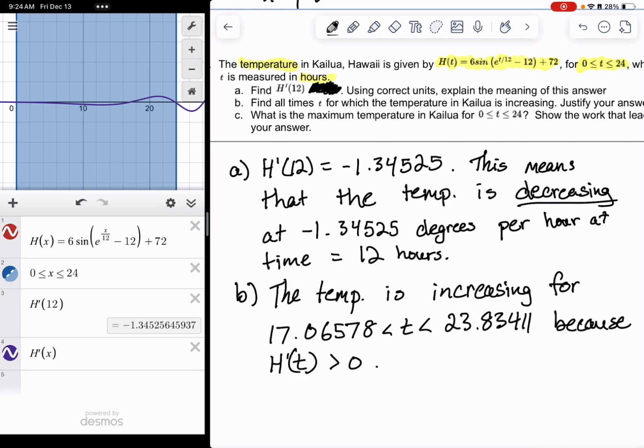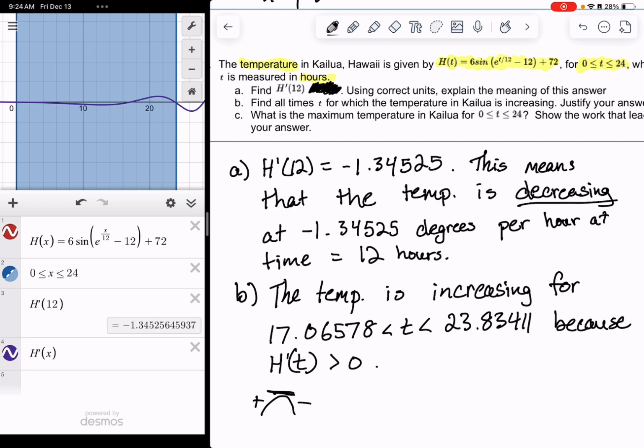But we also need to check critical points. Now, if we're looking for a maximum, a max is going to be when the slope changes from positive to negative, and then we hit a max. So we're going to check endpoints and any relative maxes.